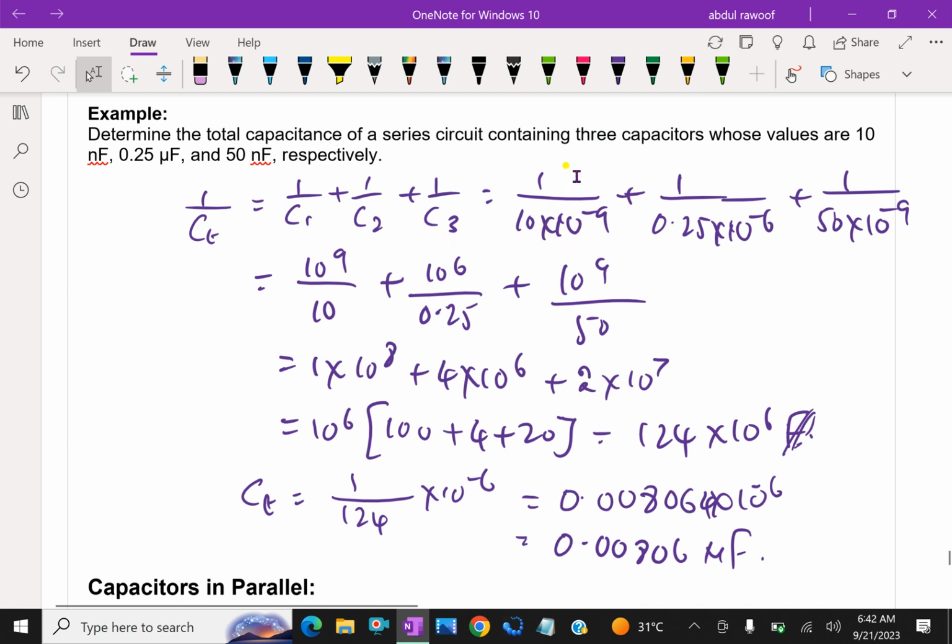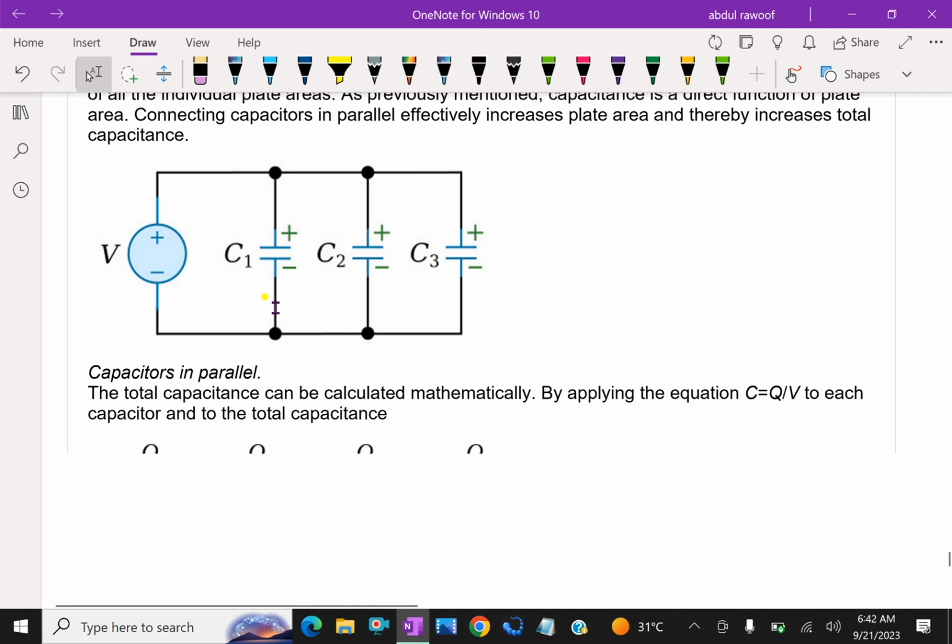You look at here, on what time 10 power 9 over this. So this much microfarad.